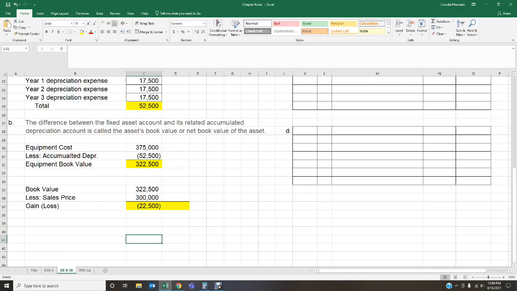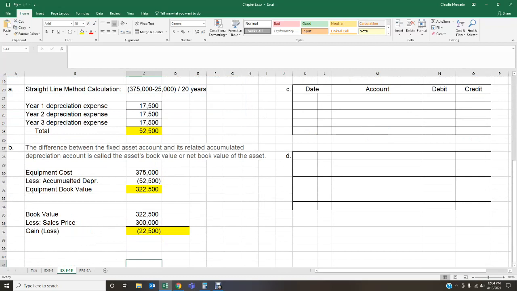I sold it for less than we had it in our books for, so I'm going to lose out on $22,500. So we have to be very careful. How much did we sell it for? $300,000. What's my book value? You compare the sales price to the book value. In this case, my sales price is less than my book value, so that means I have a loss of $22,500.